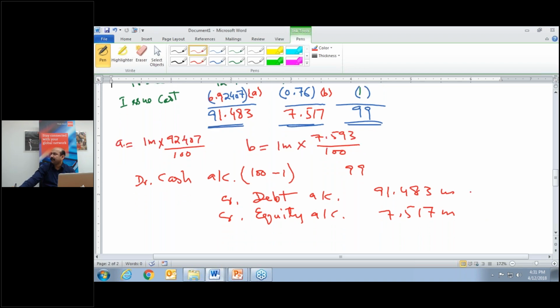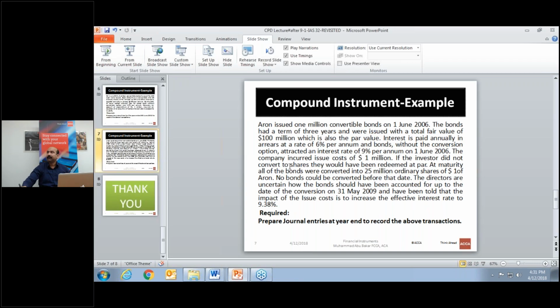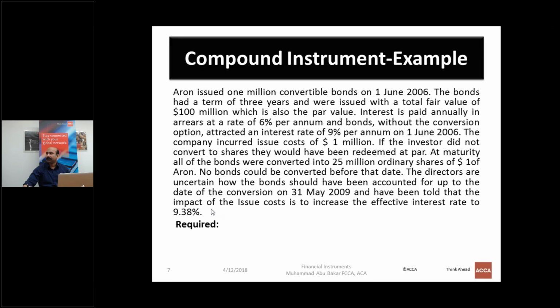Now subsequently, finance cost will be calculated using 9.38%. This is basically the effective interest rate after taking into account the issue cost. You might have seen in the example that there are two effective interest rates: one without the effect of issue cost, and this one with the effect of the issue cost.